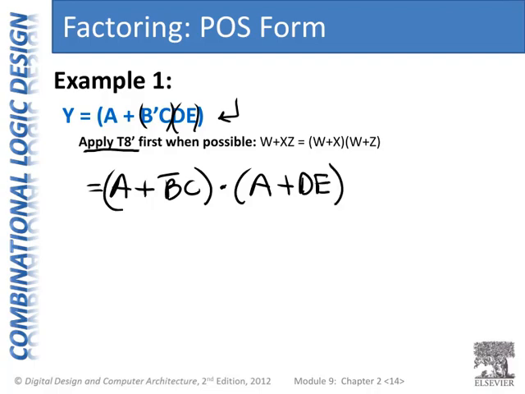So we distribute across the OR: A or B bar C, and A or DE.